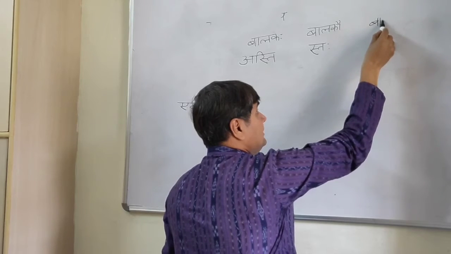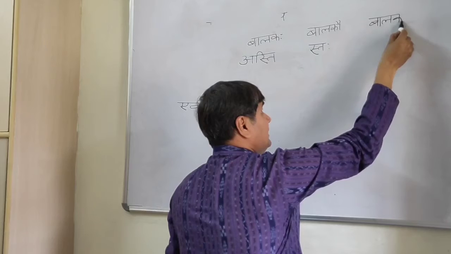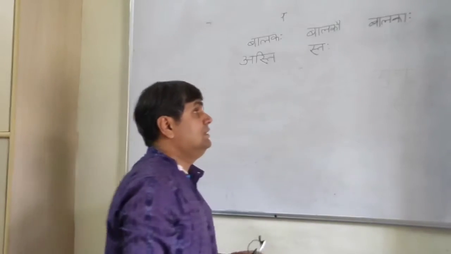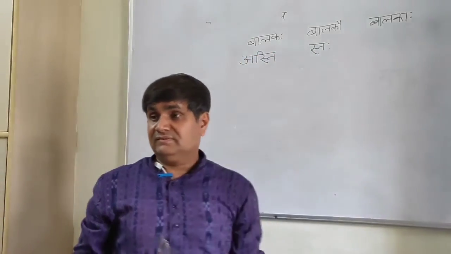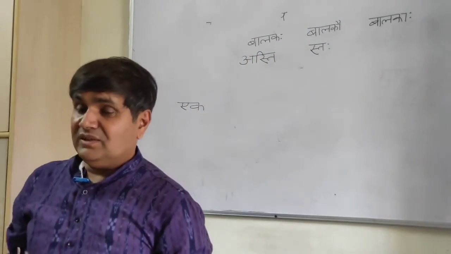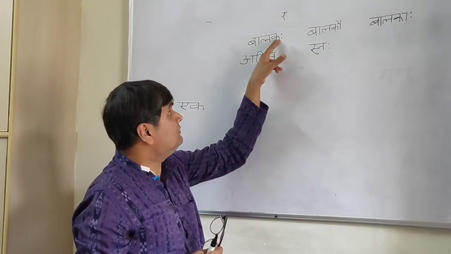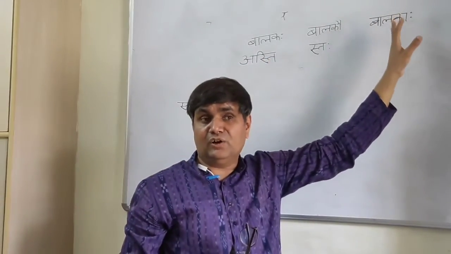balakaah. Can you pronounce these words with me? Balakah, balakau, balakaah. What is the difference between this word and this word? Singularity and plurality. And you know, here is the shorter a and here it is the longer a.